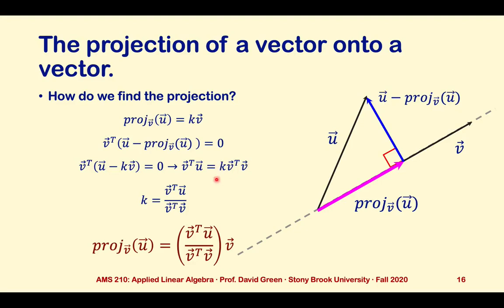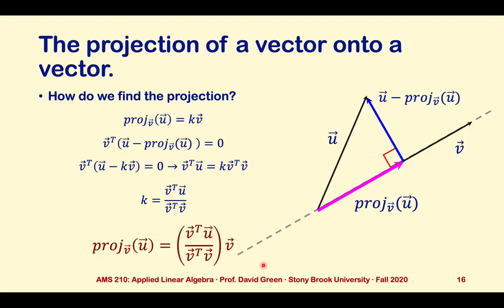This can, of course, be rearranged to give us what this constant is. The constant is the ratio of v transpose u over v transpose v, the dot product of v with u over the dot product of v with itself. And the projection is simply that scaling factor multiplied by v, for a final formula written down here.